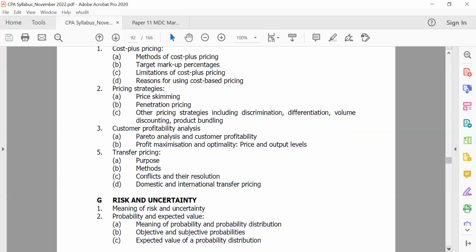Then we shall understand transfer pricing. Transfer pricing is mostly with businesses that work in terms of divisions. For example, I usually use an example of Spear Motors. Spear Motors has the Benz selling section, but they also have the mechanics where they repair the vehicles.